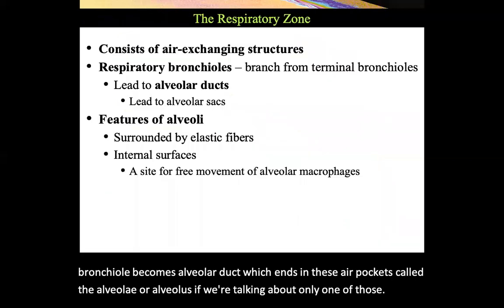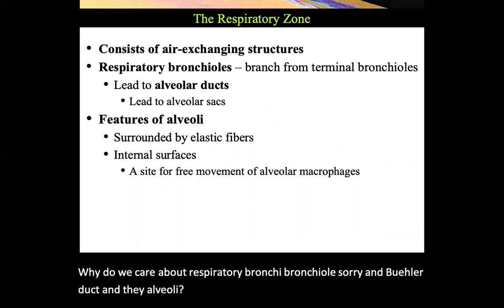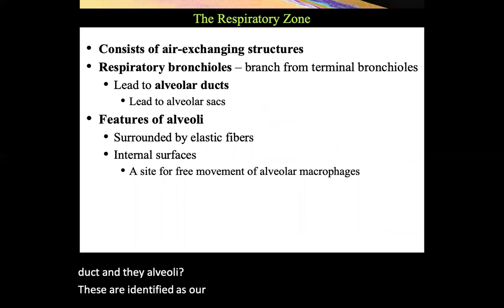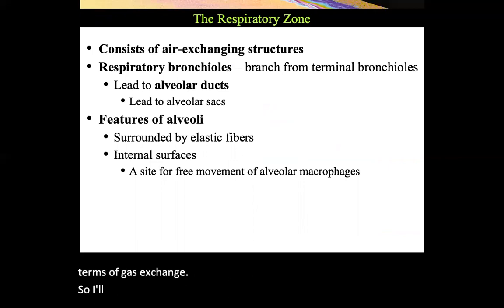So why do we care about respiratory bronchioles, alveolar ducts, and the alveoli? These are identified as our respiratory zone, as in they play a role in gas exchange. So one of the characteristics of alveoli is that they have elastic tissue.